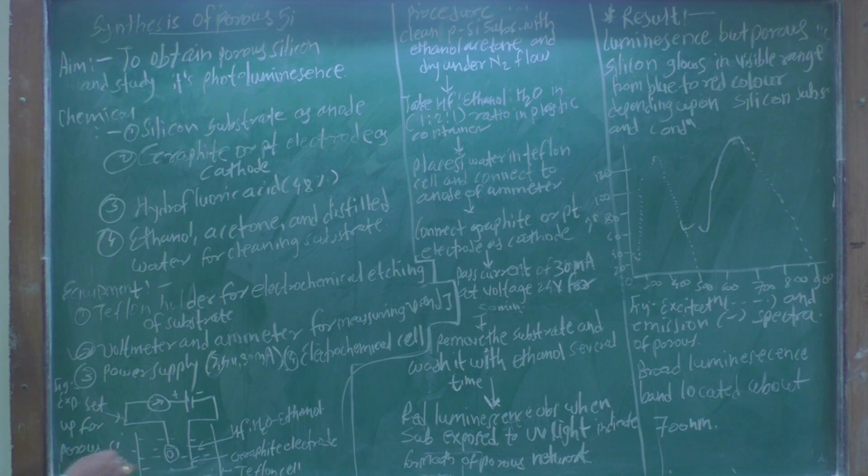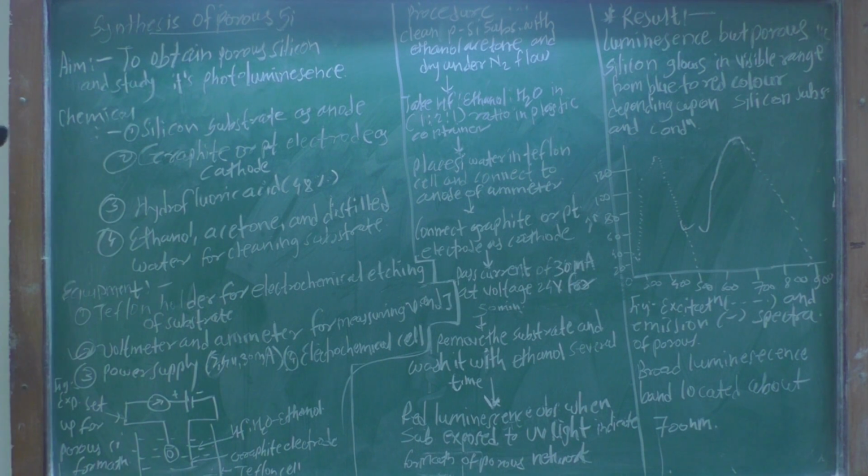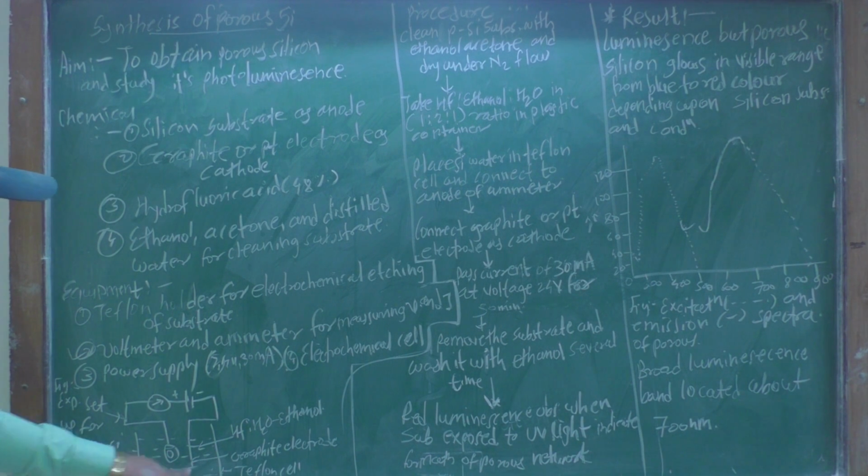Now look at this diagram. It shows the experimental setup for the formation of porous silicon. The outer part is a Teflon cell. Then this is the graphite electrode.